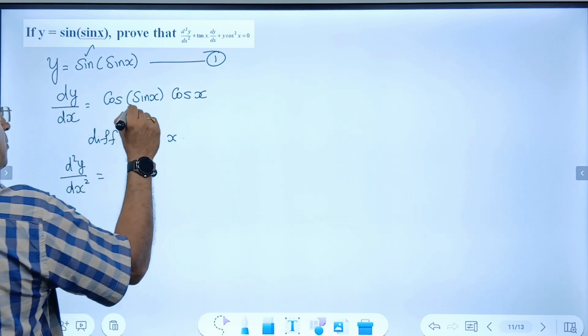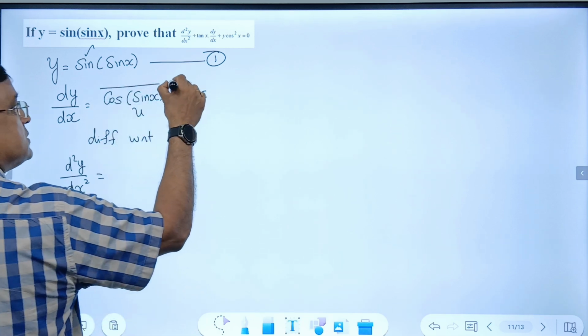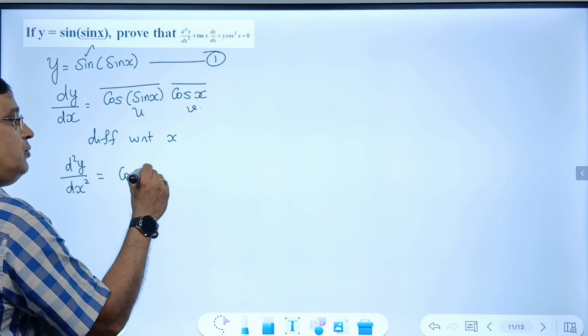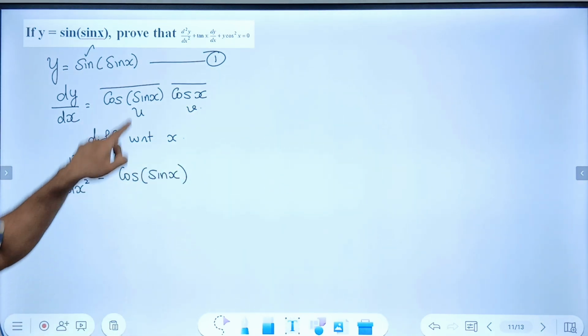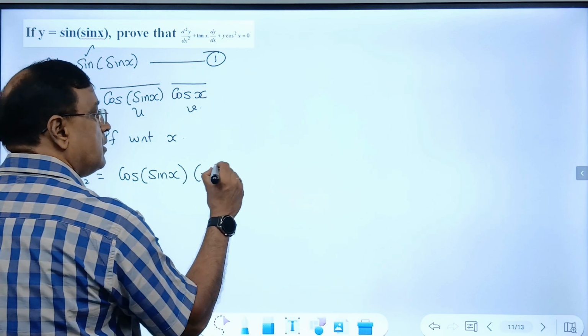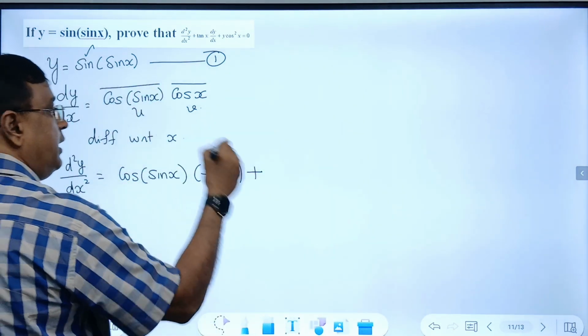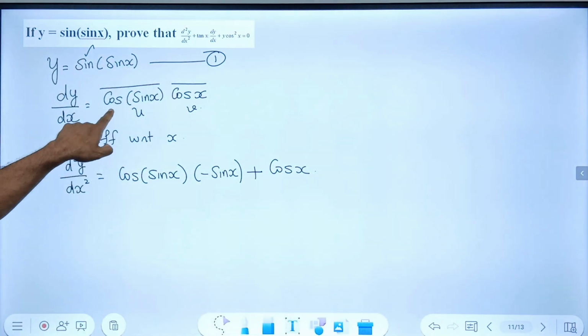And here, product rule. This entire thing is u, this is v. So how do I use product rule? u into, what is differentiation of cos x? Minus sin x. Plus v into, v is cos x into, now I want to differentiate this.